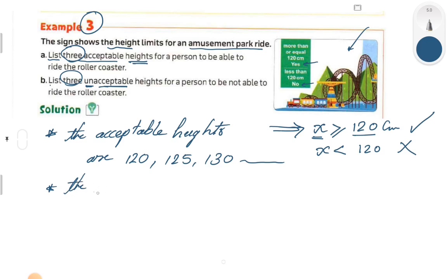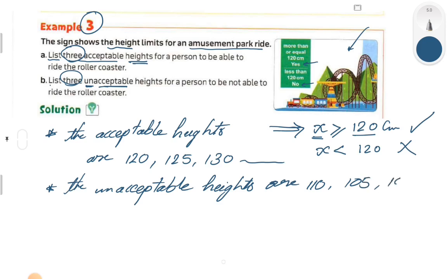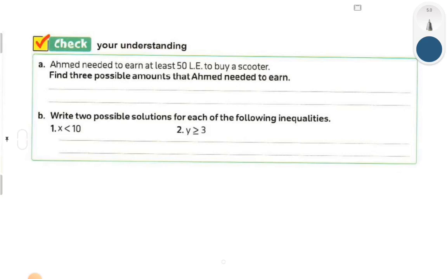So the unacceptable heights are maybe less than 120. 120 is not with us, so maybe 110, 105, 100, and so on. Okay, now check your understanding.